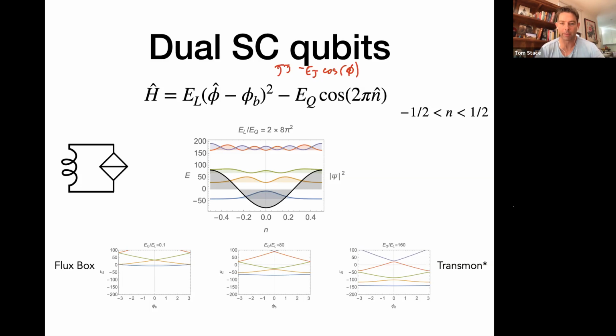I'm going to invoke the same, or the dual argument here, which I'll formalize a little bit later, to say that because this term cos 2 pi n is periodic, n is a variable that takes a compact domain, in this case -1/2 to +1/2.